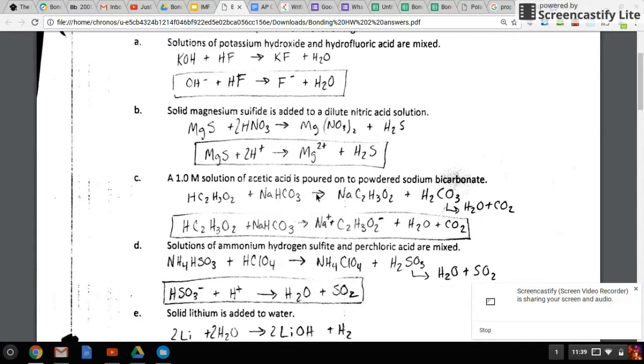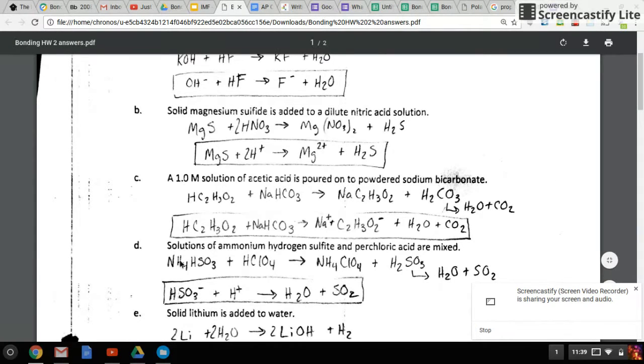It is a solid because in the problem it says powdered, so we're not going to split that up. It's going to form sodium acetate. All acetates are soluble, especially if it's bonded to something in group 1, so we have our ions there. And it does form carbonic acid, which immediately breaks down into water and carbon dioxide. Again, these are your gas-forming reactions that you just need to know and be able to recognize immediately.